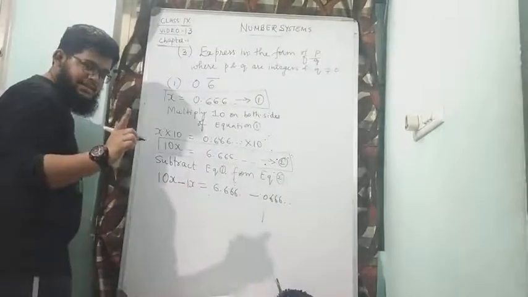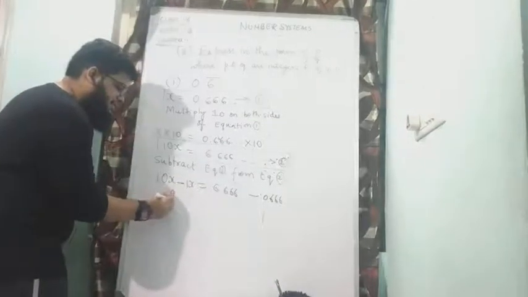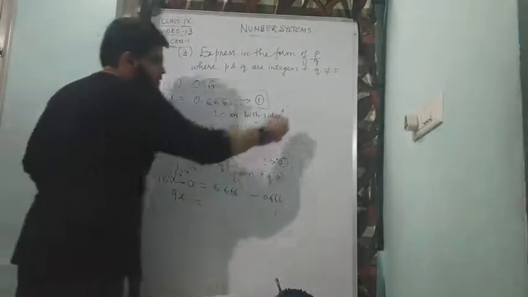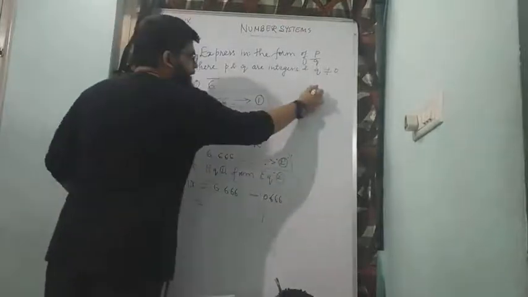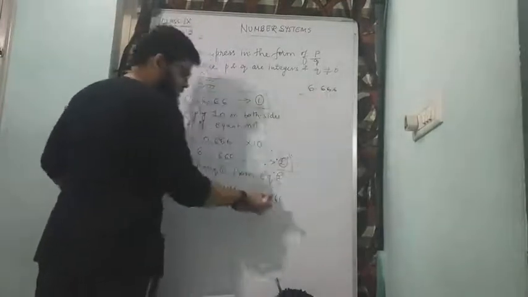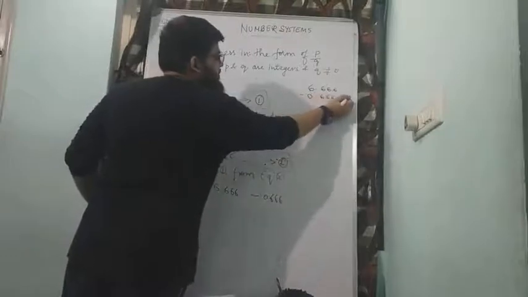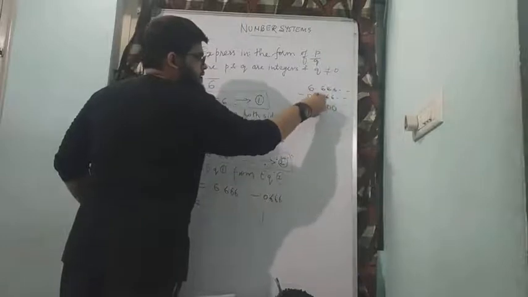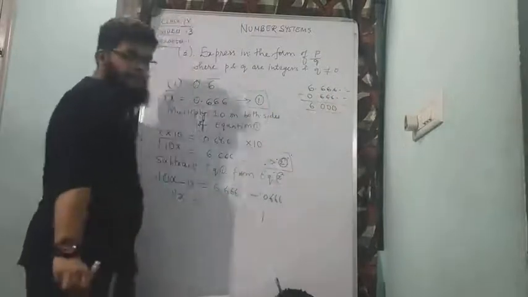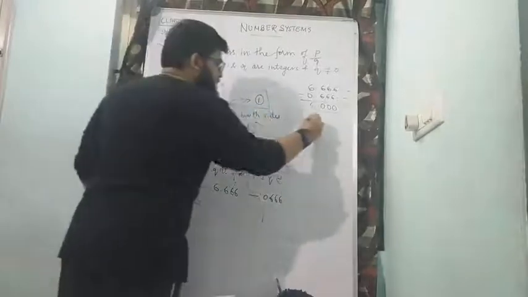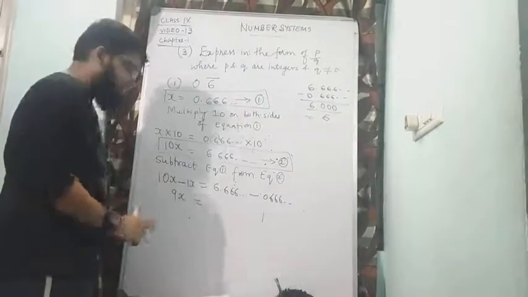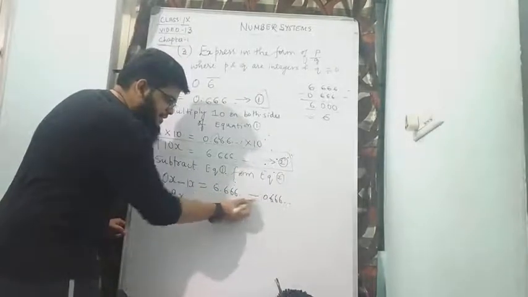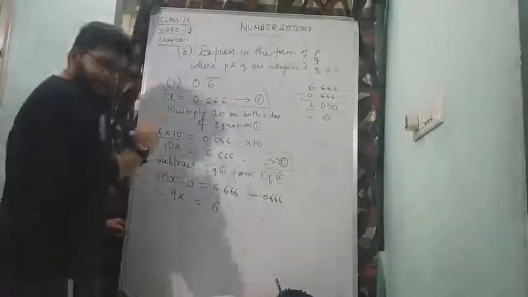You can think of this as 1x. 10x minus 1x is 9x is equal to, let us do the subtraction here and check, 6.666 minus 0.666. 6 minus 6 is 0, 6 minus 6 is 0, 6 minus 6 is 0, 6 minus 0 is 6. 6.000 means only 6. Understood? So only 6 will be remaining.